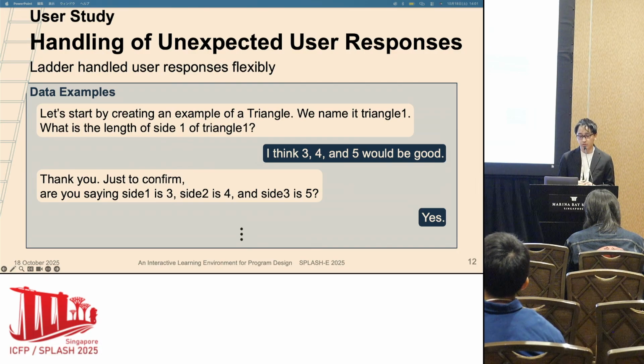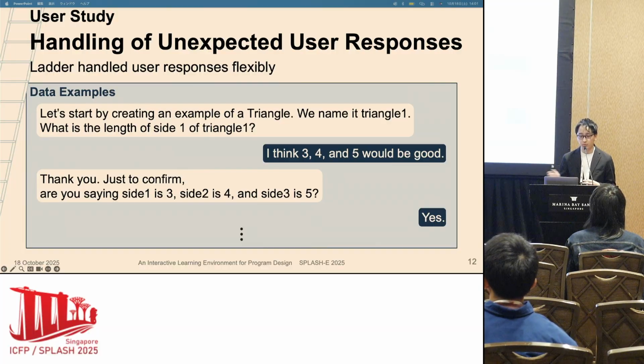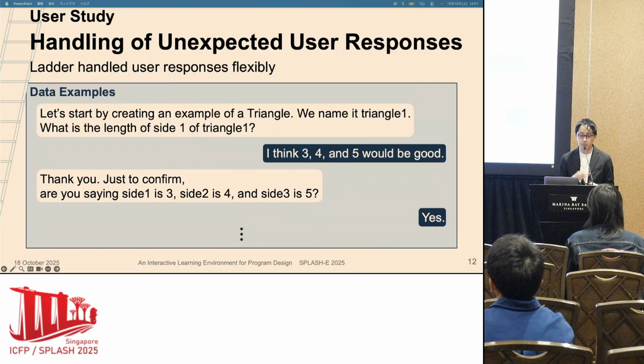And then Ladder skipped the unnecessary follow-up questions and moved on to the next step. This shows that even though the dialogue is fixed in detail, Ladder can still make use of the flexibility of the LLM.